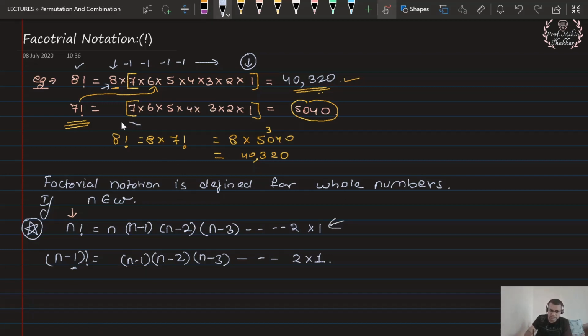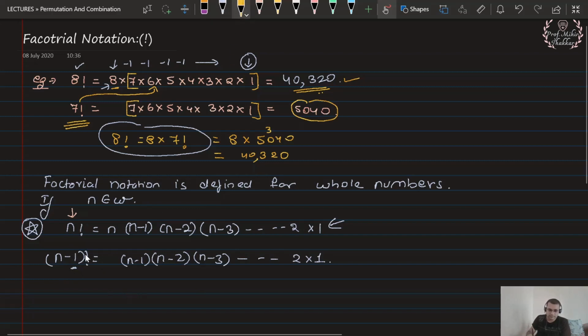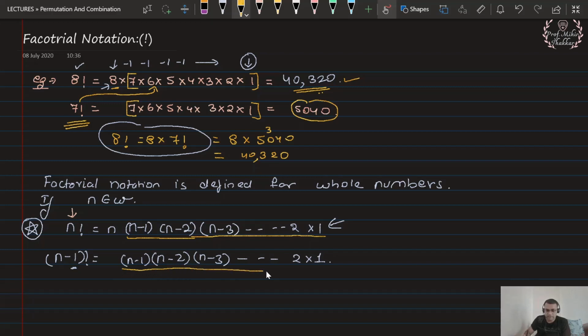So what I did here, 8 factorial is 8 into 7 factorial, can be applied here also. Take n minus 1, n minus 2, n minus 3, n minus 4, up to 2 and 1.